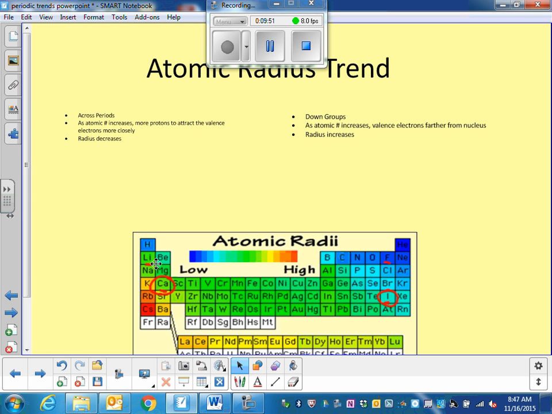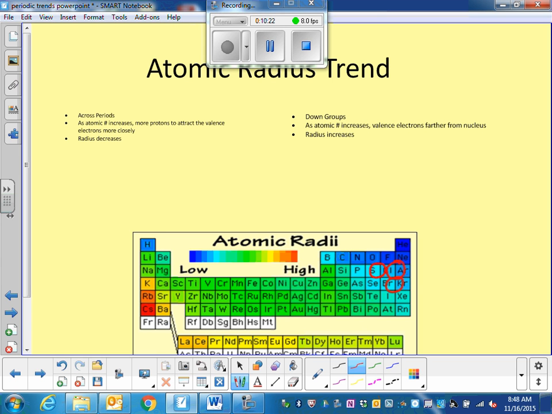Circle which element has the largest radius. I would like you to look at this example here. Maybe we will do chlorine, bromine, and sulfur. There are three now. It's asking us to compare the size of chlorine, bromine, and sulfur.